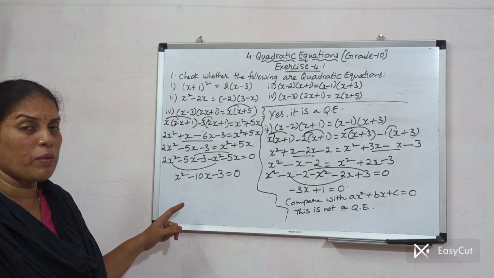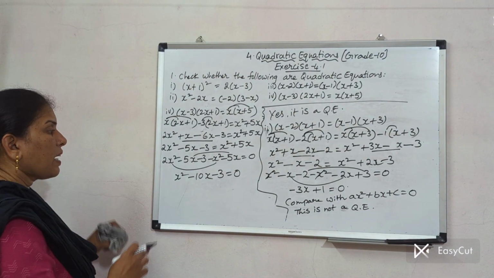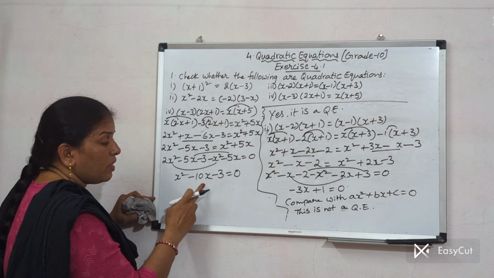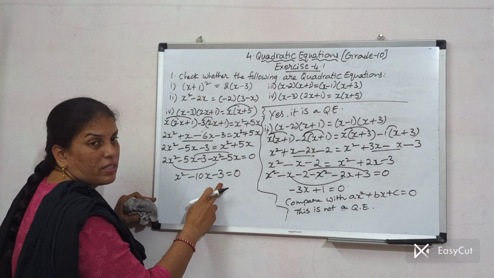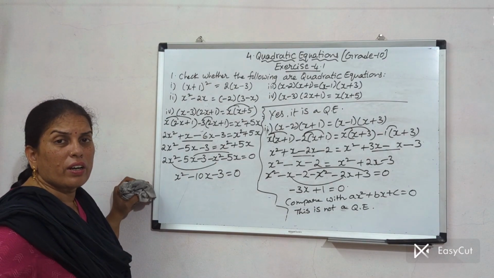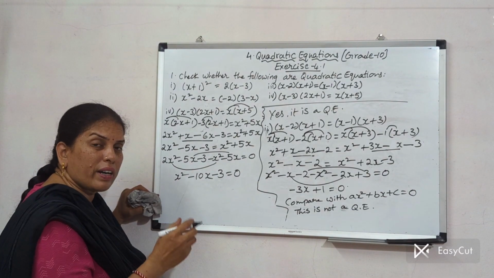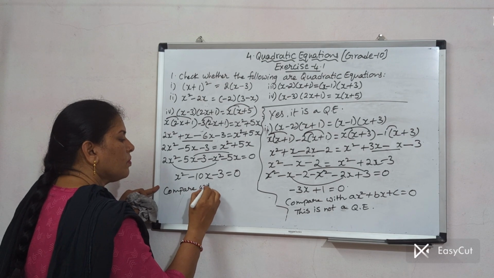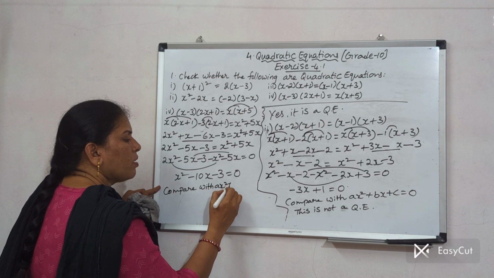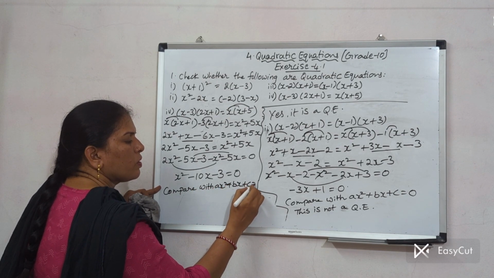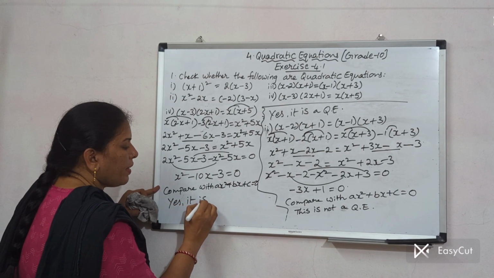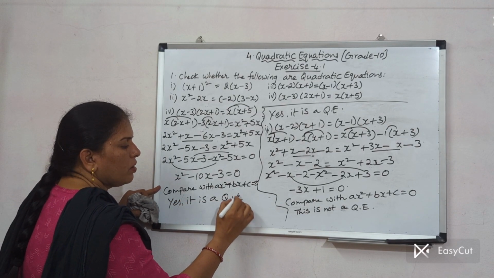What is the standard form of a quadratic equation? ax square plus bx plus c. The x square term is there, the x term is there, the constant is there. Is this a quadratic equation or not? Yes, it is a quadratic equation. Compare with ax square plus bx plus c equal to 0. Yes, it is a quadratic equation.